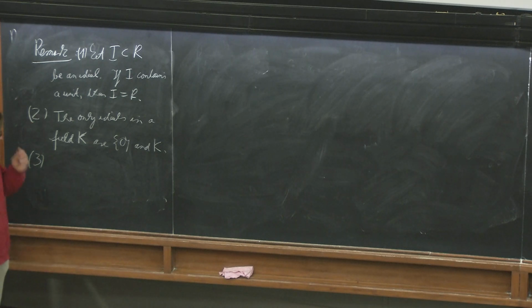If I have a homomorphism from a field K to another ring, then it must be either injective or the zero map.